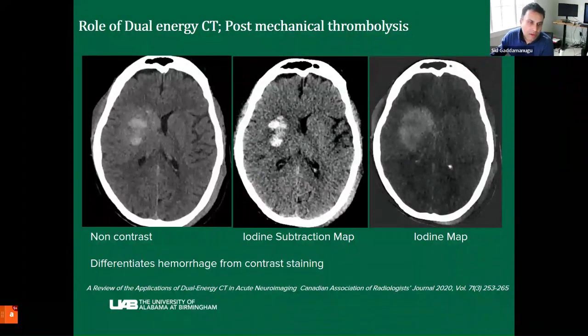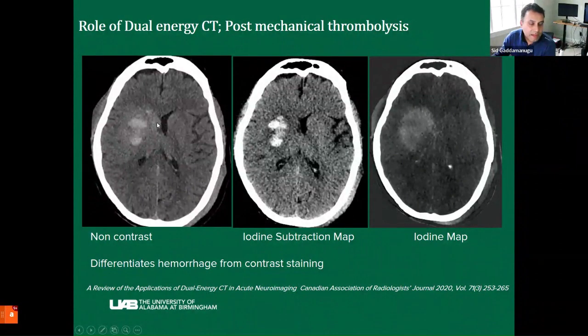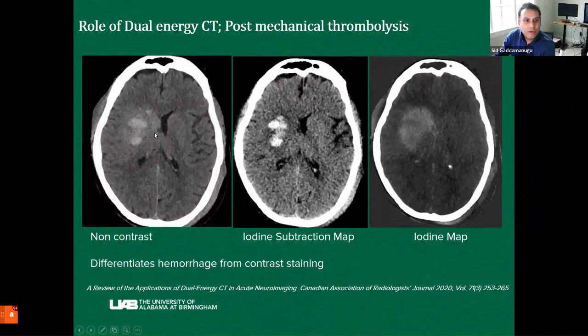And this patient, a few hours after mechanical thrombectomy, shows some hyperdensity within the right basal ganglia and right insular cortex. And we don't know how much of this is hemorrhage and how much of this is contrast staining from mechanical thrombectomy, because during mechanical thrombectomy, we inject contrast in the affected middle cerebral artery.